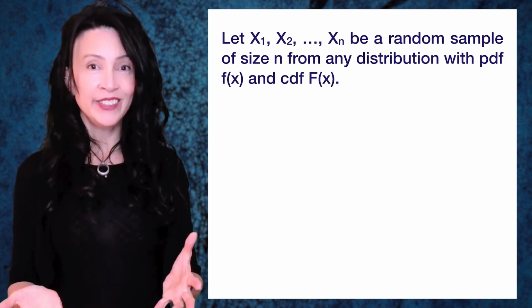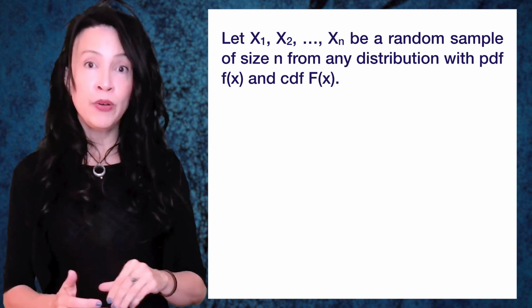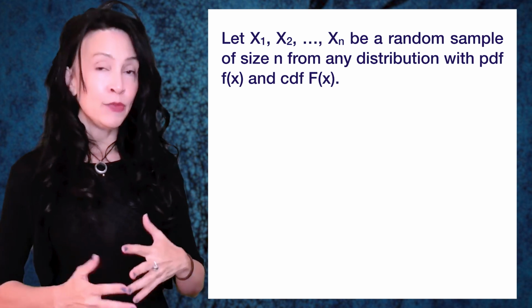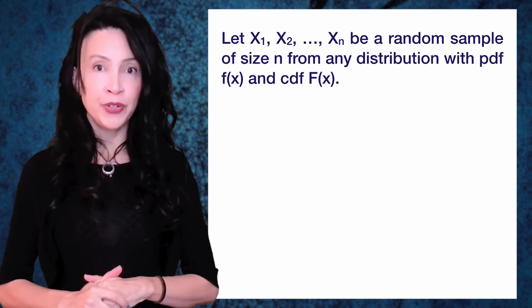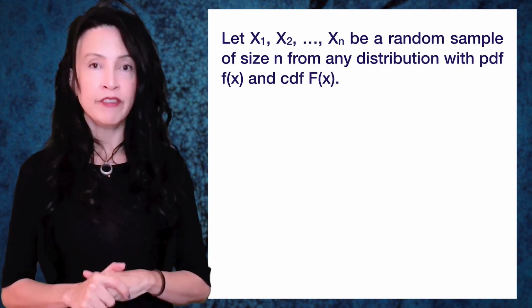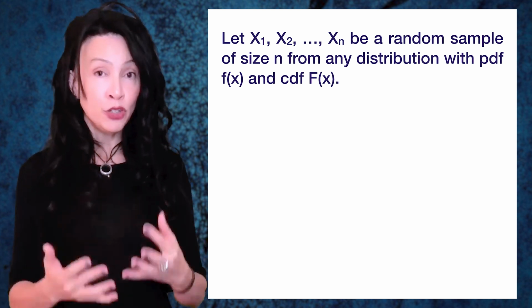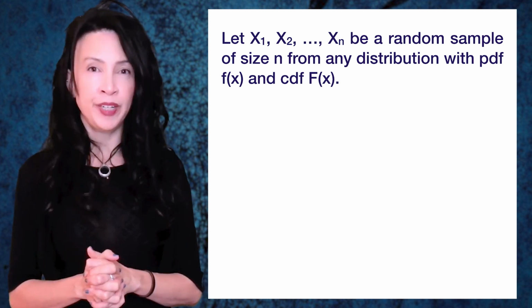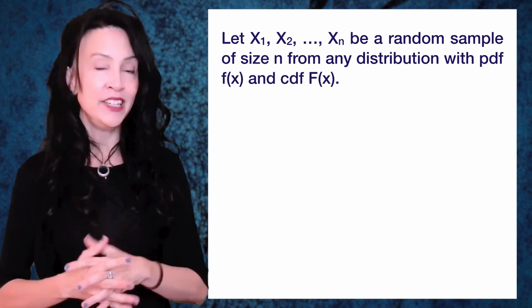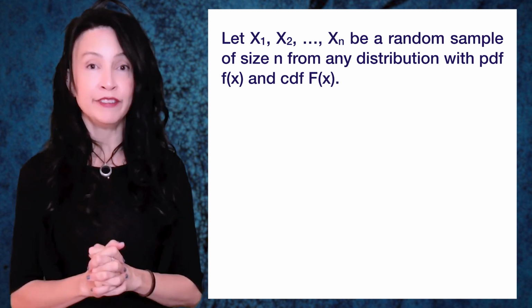Okay, so we have this random sample. I want to get a little more specific on this slide. Suppose that x1 through xn is a random sample from a continuous distribution with PDF lowercase f of x and CDF capital F of x. Remember, random sample means IID, so they are assumed to be independent and identically distributed. And if they're identically distributed, we only need one PDF to describe all of them and one CDF.